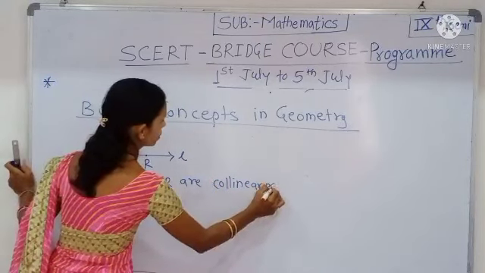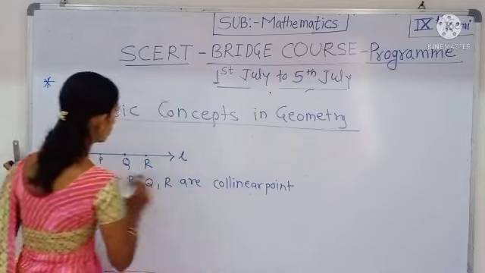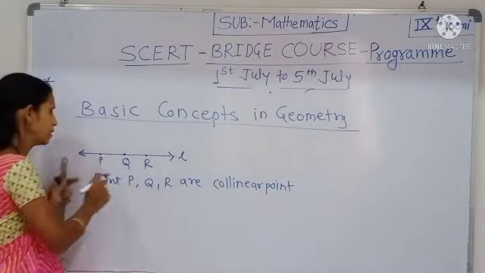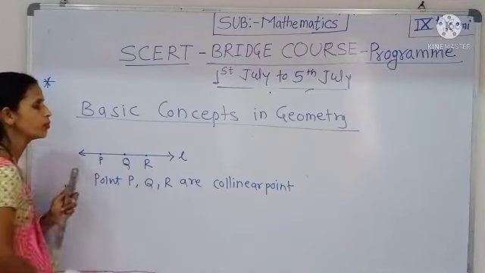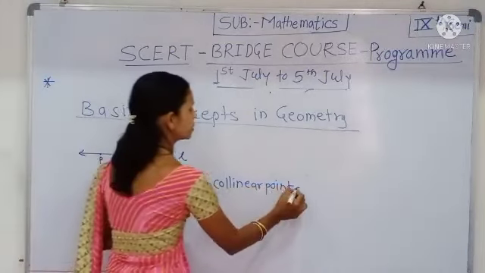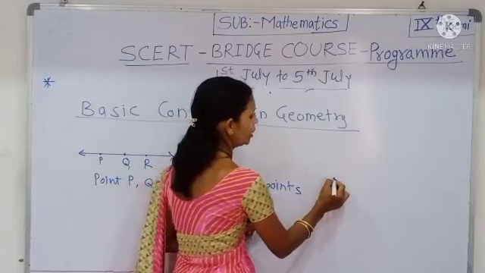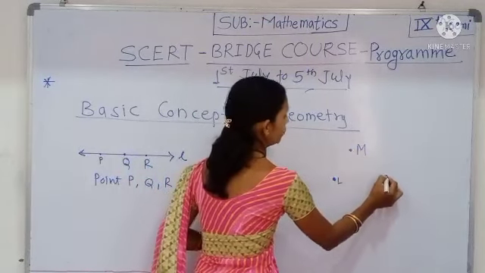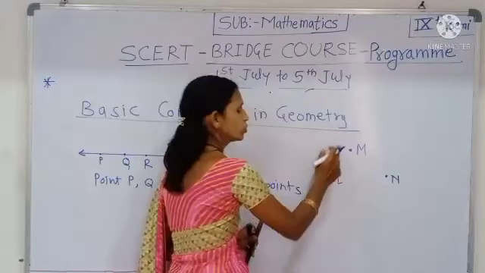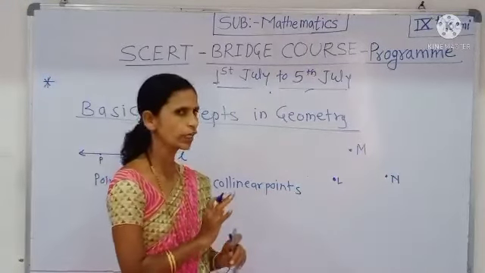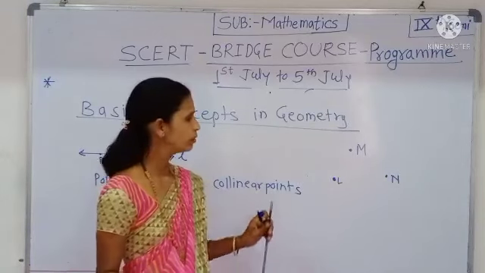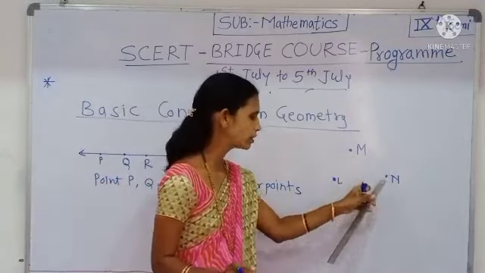Collinear points are the points through which only one line can pass. But see here, through the points L, M and N, we cannot draw any single line passing through all 3 points.